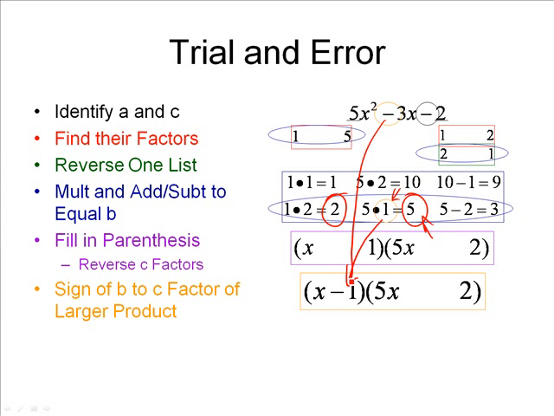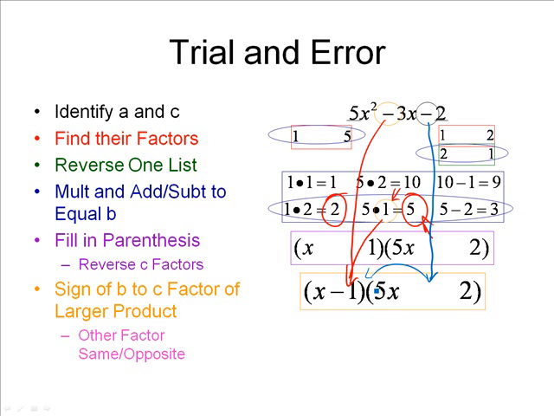It's getting a little nasty, I know. But that's the way the sign goes into place. The other factor will get the opposite if we were subtracting, which we were, or the same if we were adding. So since we were subtracting, this sign will need to be the opposite of that sign.